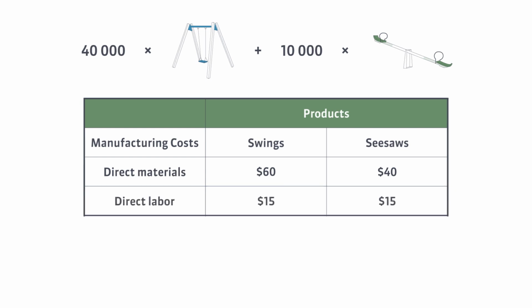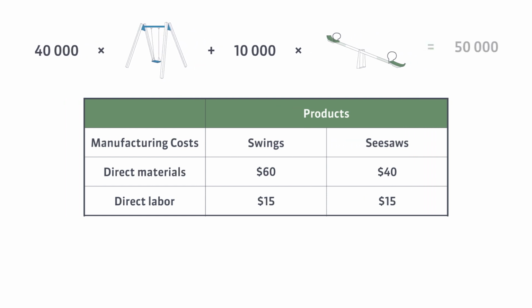The direct labor cost is $15 per unit for each product. Each product requires 1 hour of direct labor for completion. Therefore, total annual direct labor hours are 50,000.